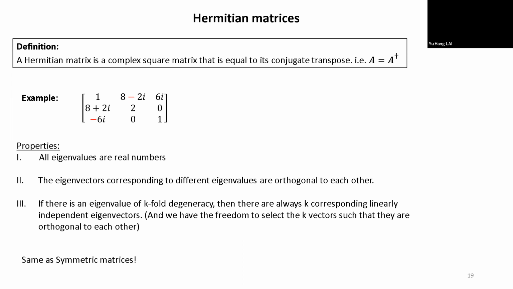If I have an n by n matrix, no matter how many eigenvalues are repeated, at the end I am able to find n eigenvectors which are all orthogonal or orthonormal to each other.